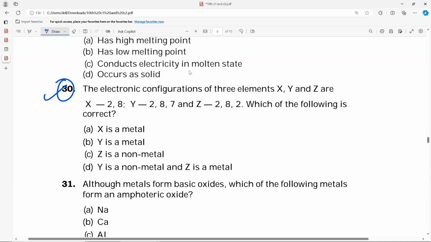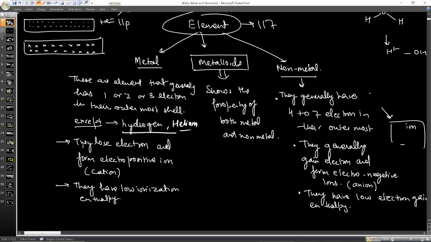Yes. This is very simple. Mariam, just look at this. I told you in the slides, that's why I told you to memorize this. Metals are those elements that have either 1, 2, or 3 electrons in their outermost shell, meaning the last shell.